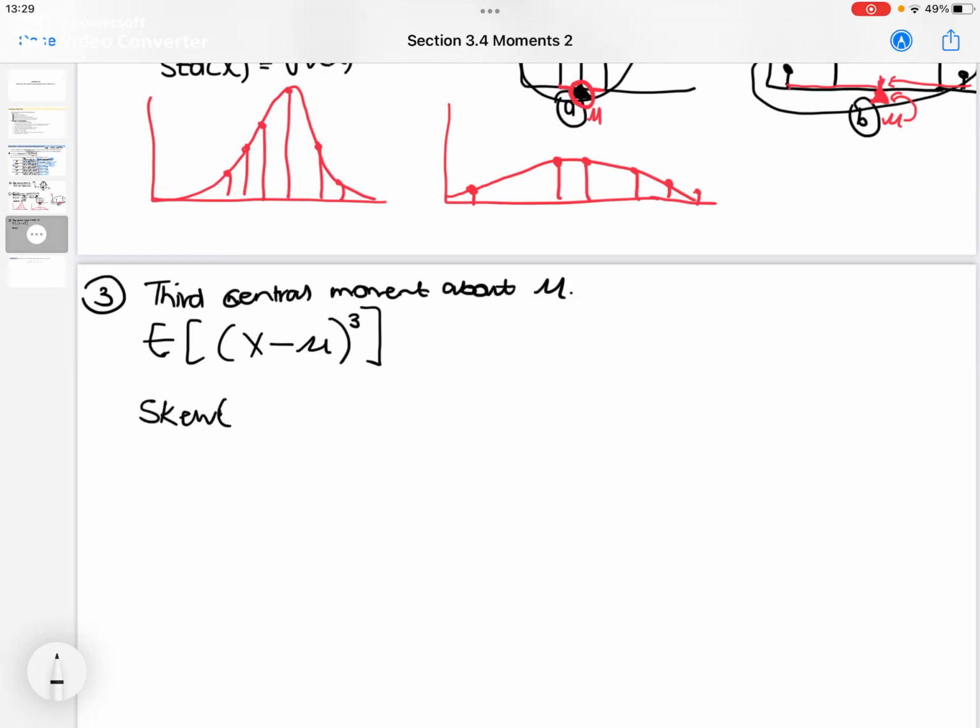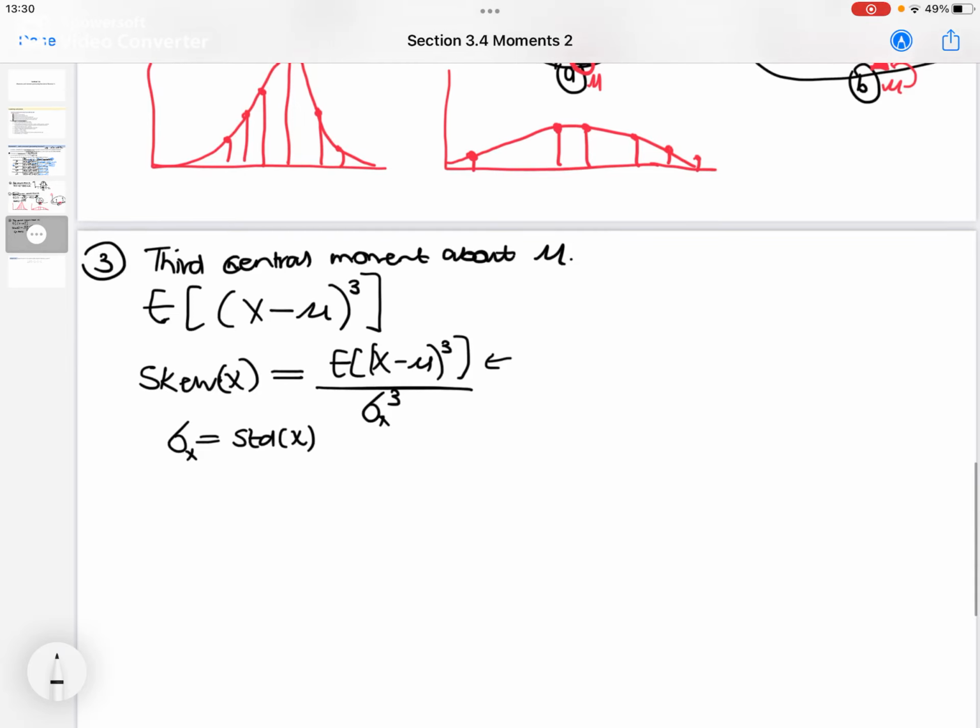So skewness of a random variable x is defined as the expected value of x minus mu, all to the power 3, divided by sigma cubed, where sigma is equal to the standard deviation of the random variable x. Alright, so if we have the value of your moment, or the expected value, divided by your standard deviation to the power 3, then we would have defined a measure called skewness.